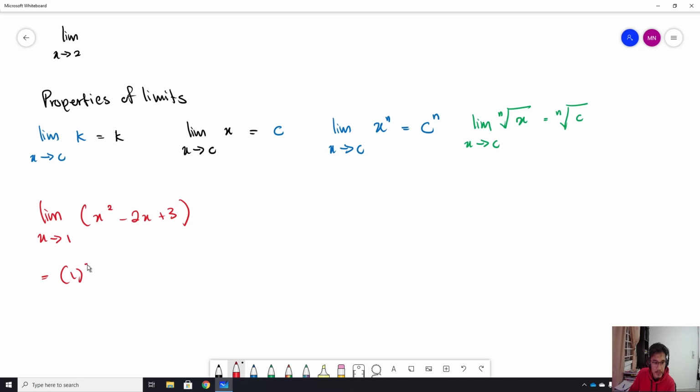So we have 1 squared minus 2 times 1 plus 3. Then we have 1 minus 2 plus 3, and that equals 2. So this is the value of the limit as x approaches 1 of x squared minus 2x plus 3.